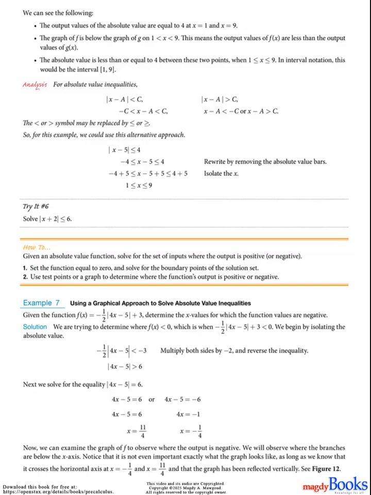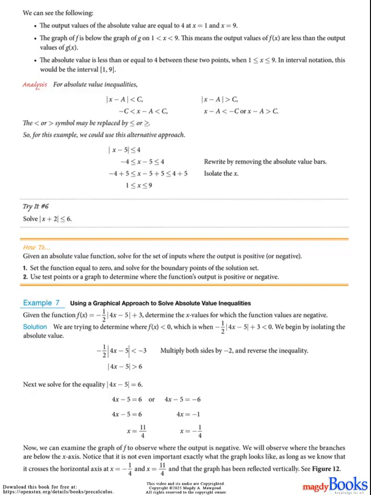Example 7. Using a graphical approach to solve absolute value inequalities. Given the function f(x) equals negative 1/2 times the absolute value of 4x minus 5, plus 3, determine the x values for which the function values are negative. Solution.